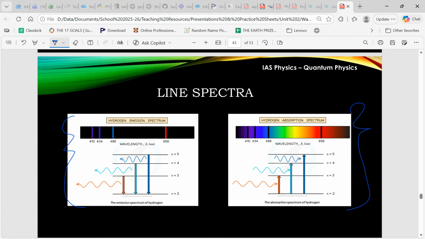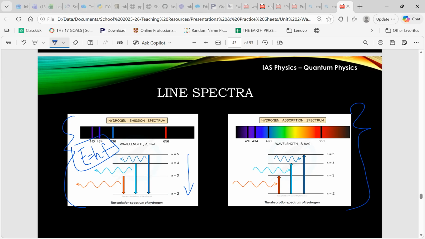So pause the video and take a moment to have a good look at this illustration, where the first one shows electrons jumping down from higher to lower energy levels, and as they do so, any jump between any two energy levels results in the release of a photon of a specific frequency, and the energy of the photon released is always dependent upon its frequency. It's a function of its frequency given by E equals hf, and the energy of the released photon is always equal to the difference in the energy between the two levels.